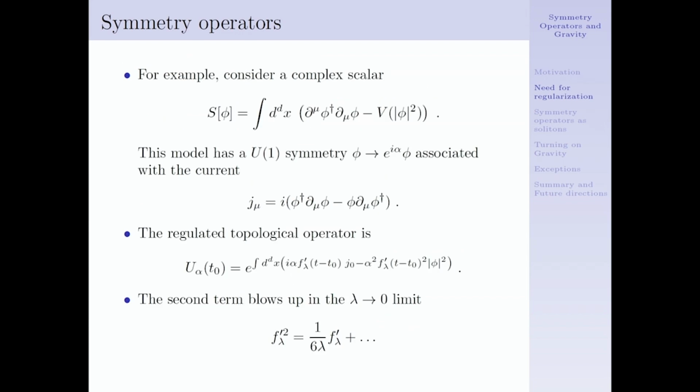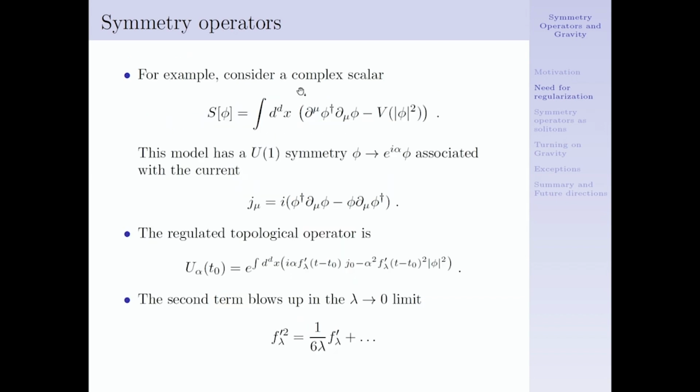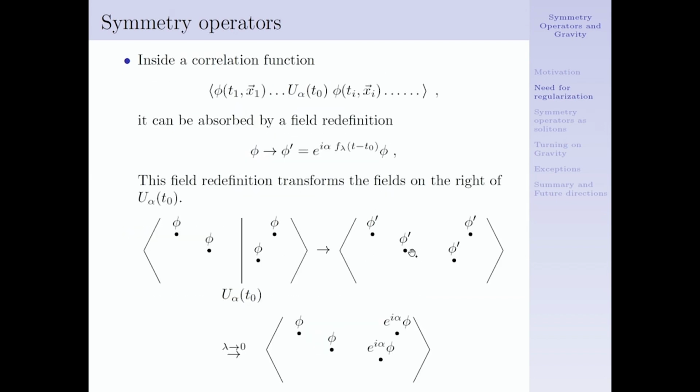So in this picture, let me explain how we can recover properties of topological operators, like deforming the operator or shrinking the operator down to 0 and transforming fields inside the surface of the operator. In the previous example of the complex scalar, let's insert this operator in a correlation function, and I'm claiming that this operator can be absorbed by this field redefinition.